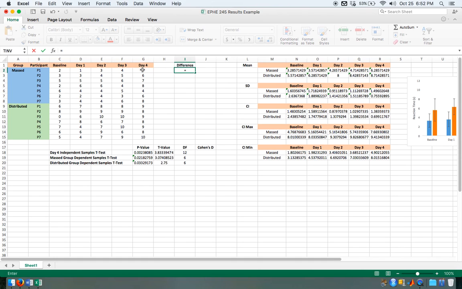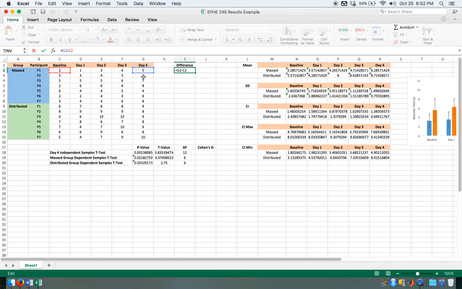Sorry, earlier I said you can put equals and call up functions, for example. Here I'm going to do equals, but I'm going to just pull one of these numbers, hit the minus, then do baseline. I did that over here with confidence intervals, but never explained that that was a thing. So you always have to start with equals, okay?